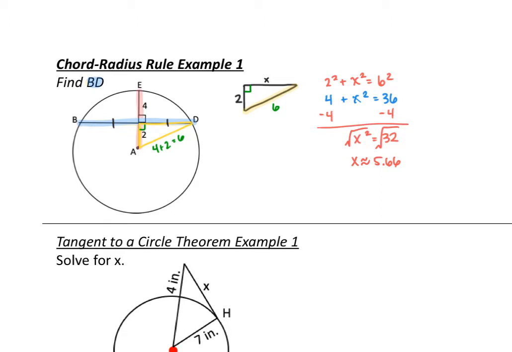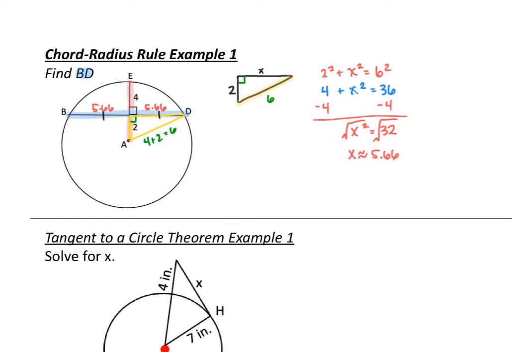Okay, so 5.66 is this part right here. But because of the chord radius rule, we know that this side right here is also 5.66. So for these types of problems, I do want you to explain. So I'm going to write down an explanation for this. So by the chord radius rule, the radius bisects the chord.